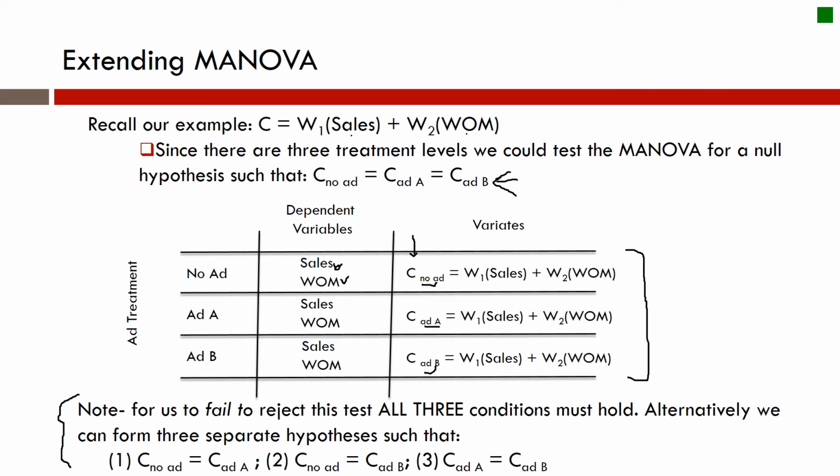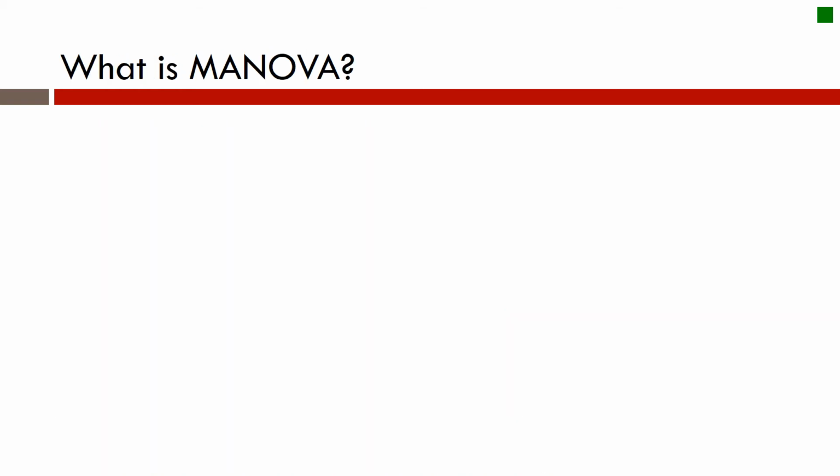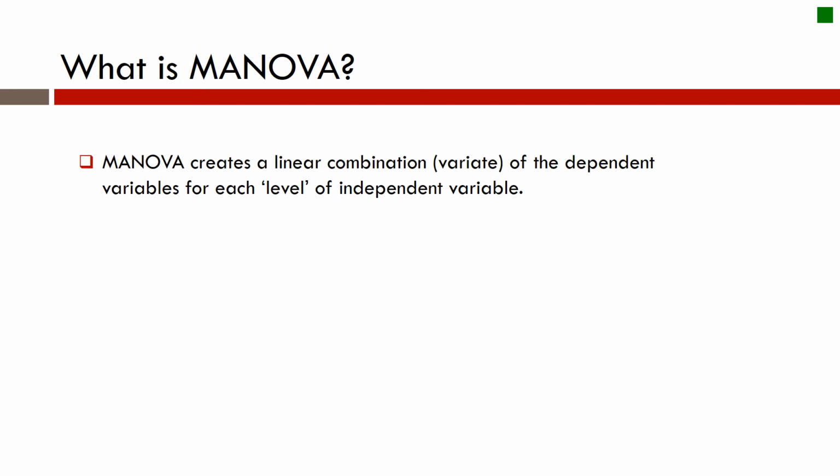C no add equals C add A equals C add B, and then by default, we would know that C add B equals C no add. So we get all three relationships identified here, and each must hold in order for this hypothesis to be true. So that's the way this extension more or less works as we think about this.